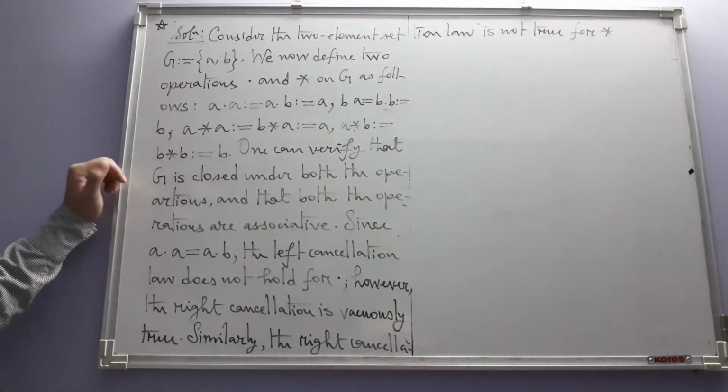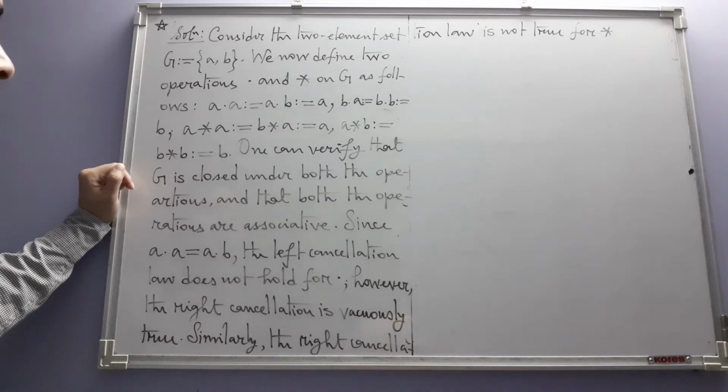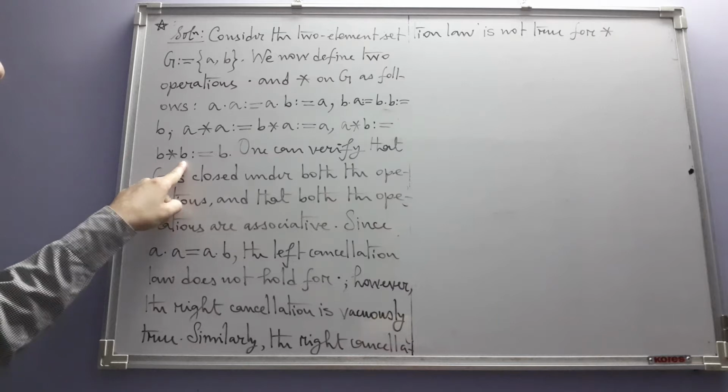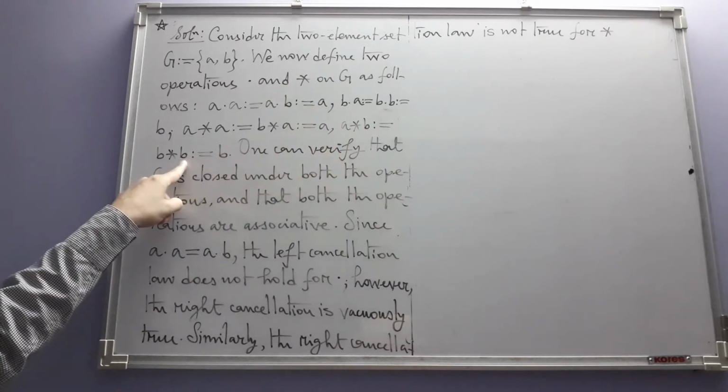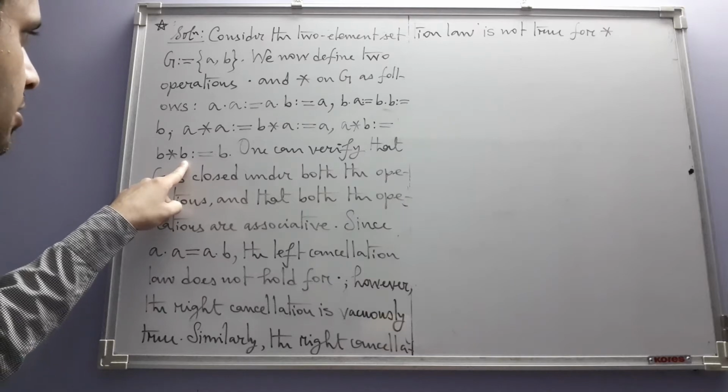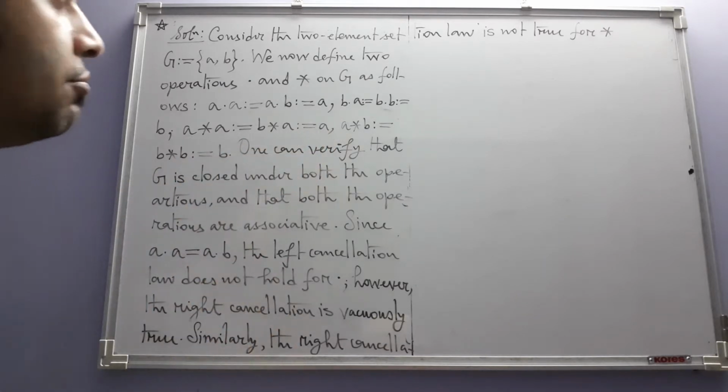Can we see why that is not true? Yes, because a star b is equal to b star b, but we cannot cancel b from both sides. It's on the right side of both the products because a and b are different.